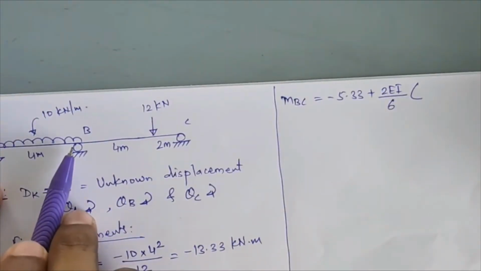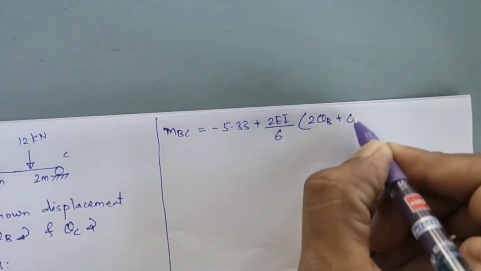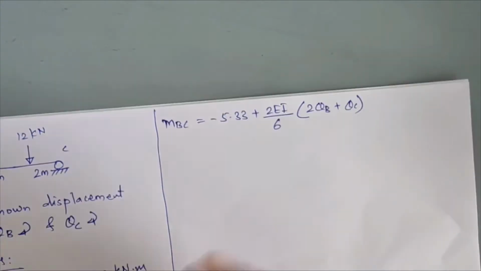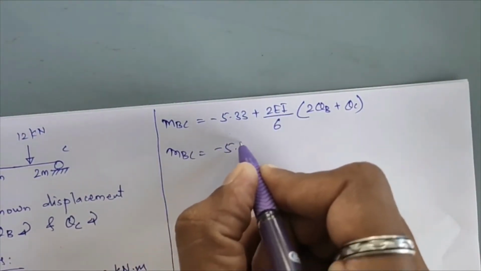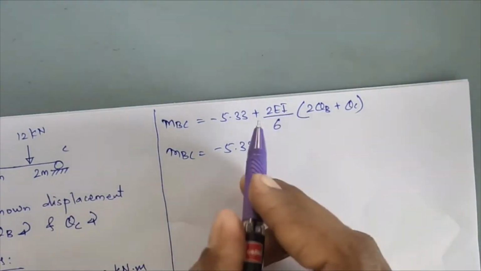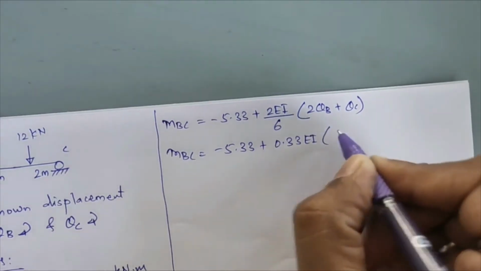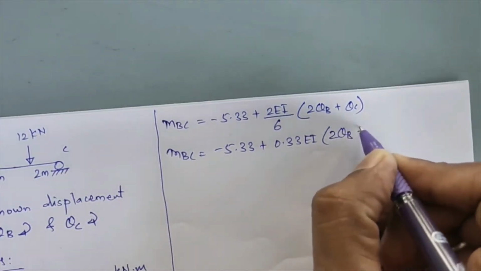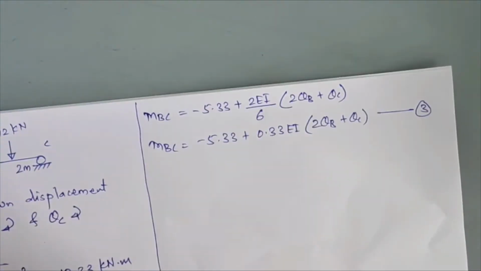Near end will now be B, far end will be C. So here it comes 2 theta B plus theta C. We'll modify this. So MBC will be equal to minus 5.33 plus 2 by 6, that is 0.33 times EI, into bracket 2 theta B plus theta C. I'll call it equation number 3.